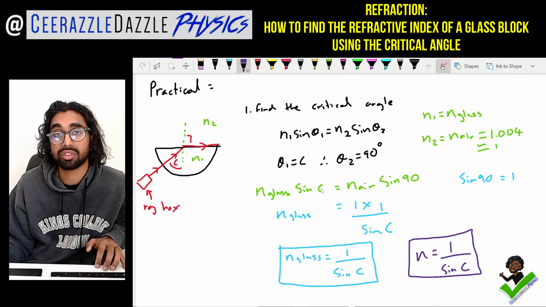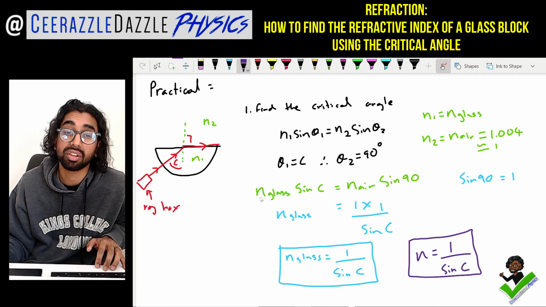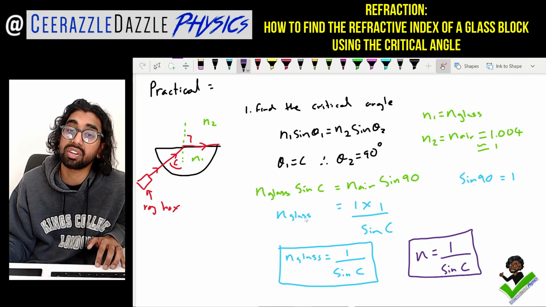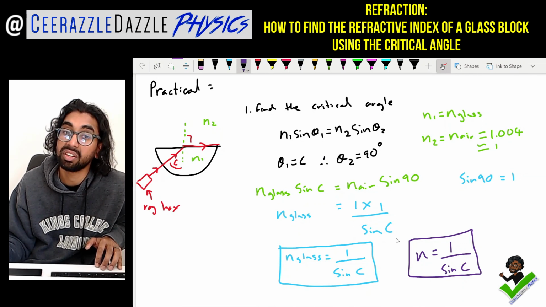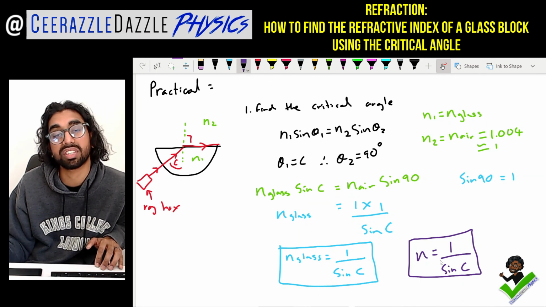So when theta 1 is equal to C, theta 2 is equal to 90 degrees. So look, refractive index of glass times sine C, replacing theta 1 with C, is equal to the refractive index of air, which is 1, times sine 90. Sine 90 is 1, the refractive index of air is 1, therefore the refractive index of glass is 1 over sine C, or n is equal to 1 over sine C overall.